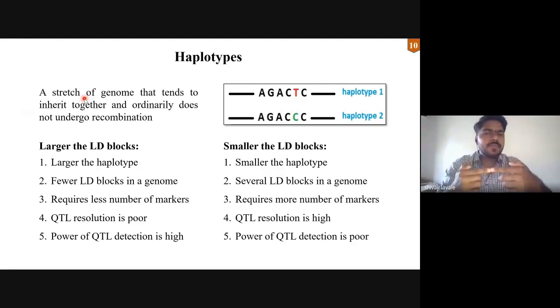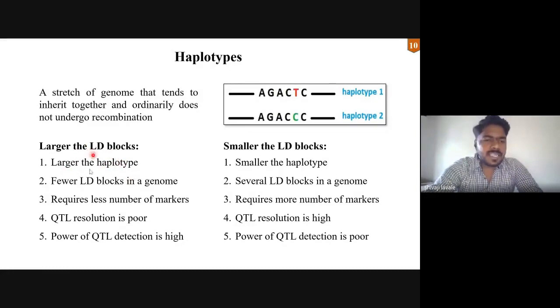As I said, linkage disequilibrium can be between two loci. If this LD block is larger, the haplotype will be larger because recombination is not occurring. That's why the entire stretch is called a haplotype. The larger the LD block, the larger the haplotype.